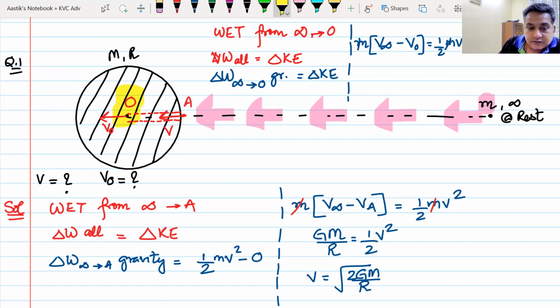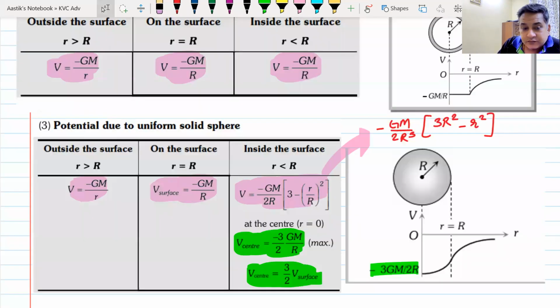Minus V square by 2. Minus GM by R, sir.